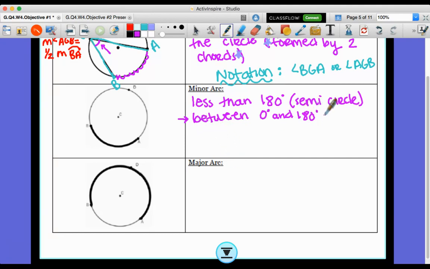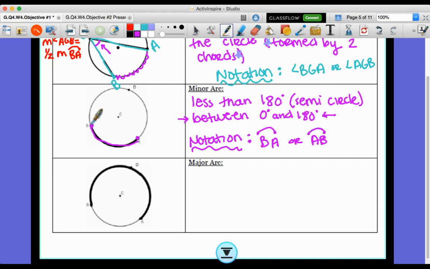Okay, so the notation for this is just the notation you've been working with. Where does that arc start and finish? Here it is. So it's arc BA, or arc AB.